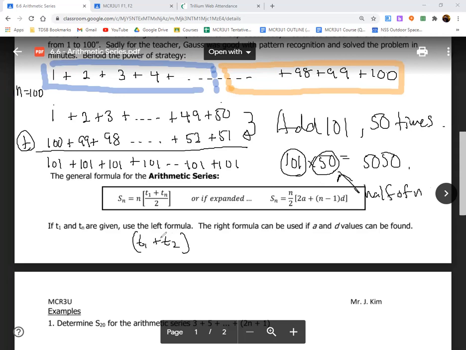So you take T1 plus Tn multiplied by the total number of terms divided by 2. That's all it is. It's brilliant, but the applications of this are immense.